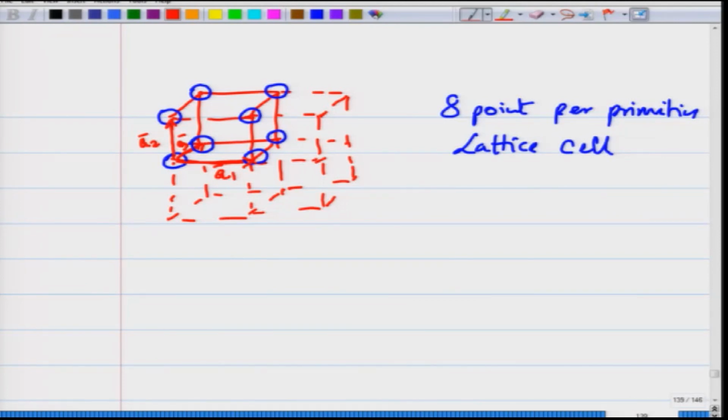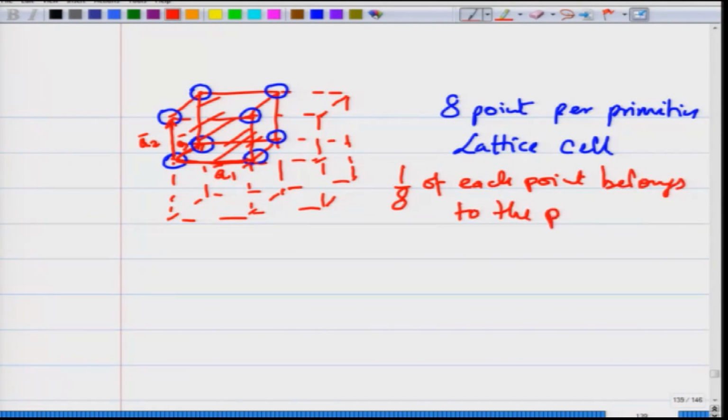There are 8 lattice points, and whatever is the shaded, this is my primitive lattice cell, and there are 8 such points associated on each vertex of the cube, but only 1/8 of each point belongs to the primitive lattice cell.